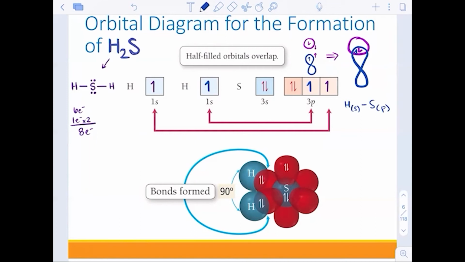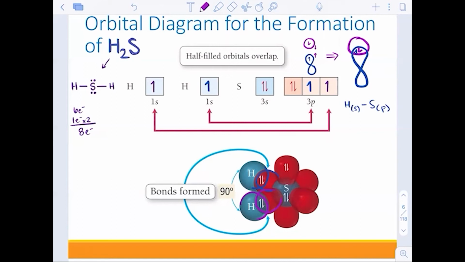Same thing happens in this type of diagram. We see that nice Venn diagram idea where each of the half-filled p orbitals starts to overlap with the half-filled s orbital. Now, what we would predict here with this valence bond theory is that the bonds formed are about 90 degrees in H2S.